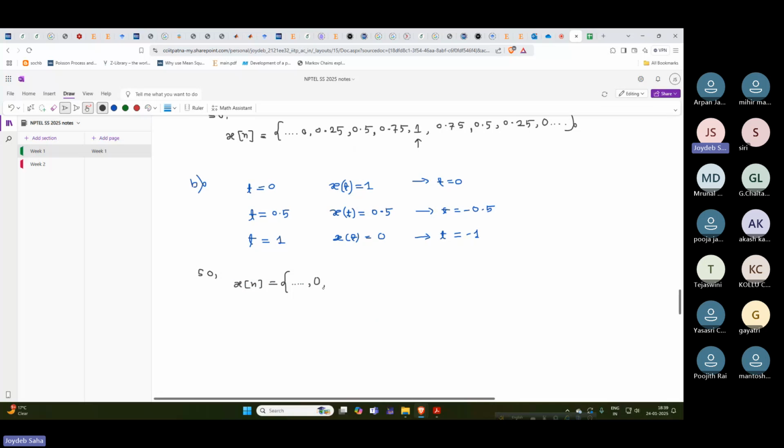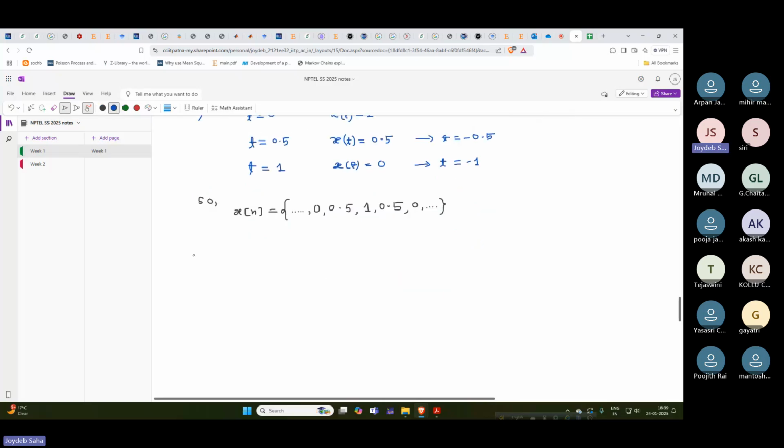The sequence is 0, 0.5, 1, again 0.5, 0, and so on. Okay, so this is the sequence.